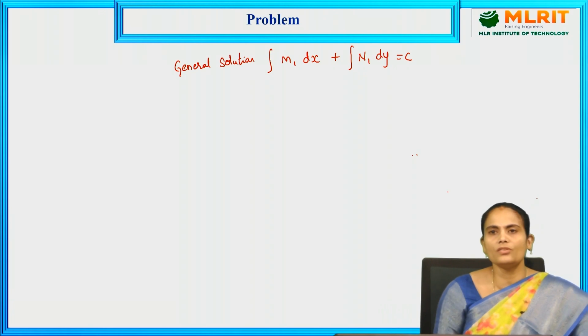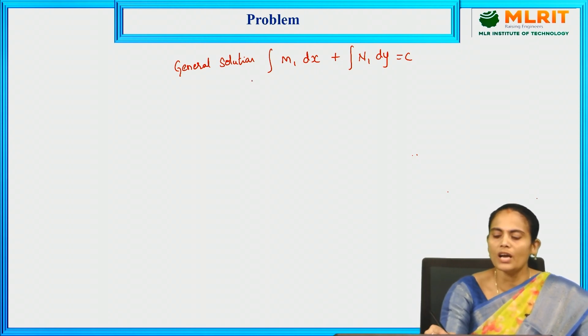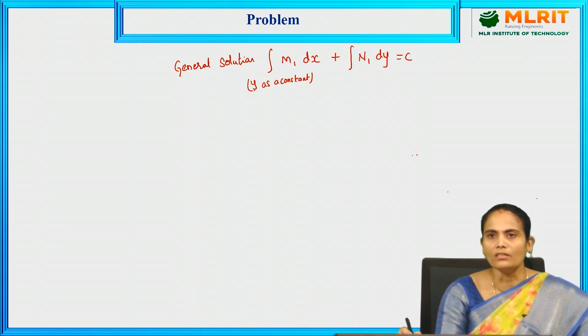So this is the formula for finding the general solution of an exact differential equation. While integrating m1, you have to treat y as a constant. While doing n1, you have to take the terms which do not contain x.